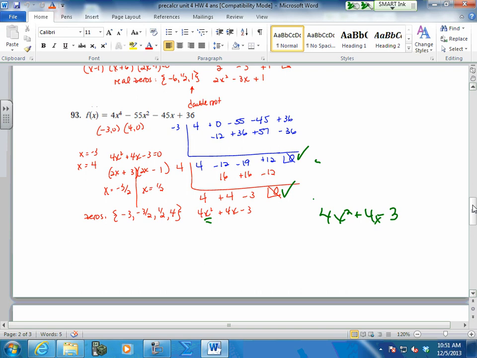It has to add to the middle term, but be careful because this is not 1. Oh, it has to be a 1. This has to be a 1 if that rule is going to work by itself.